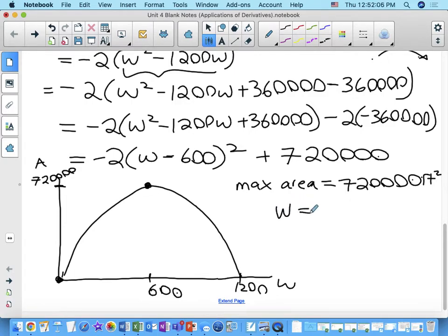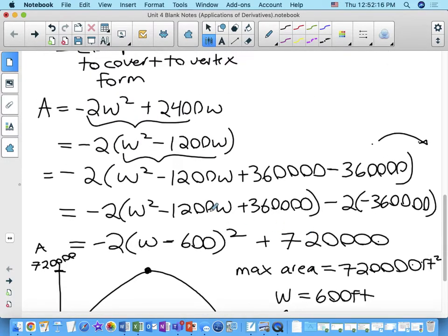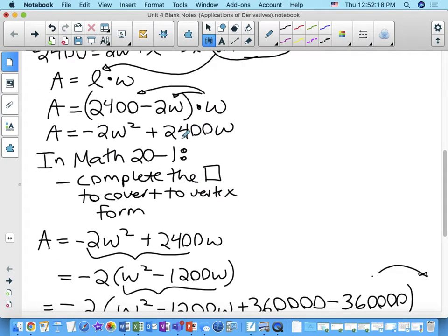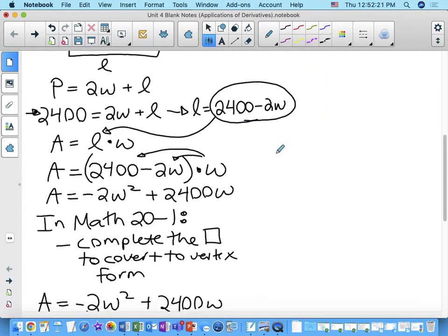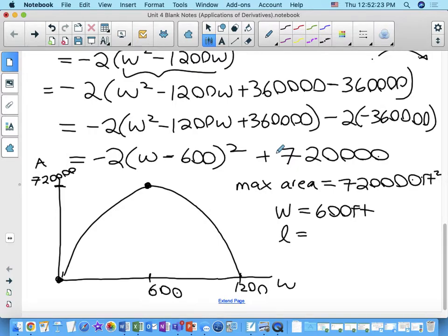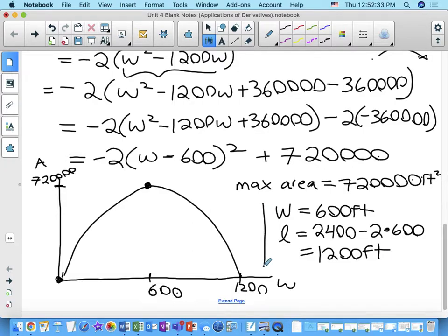The width equals 600 feet, and the length is, what is it? Where is the length? It's here, 2400 minus 2w. So the length is 2400 minus 2 times 600, which is 1200 feet. There we go. So this is everything that we need to know. Okay?